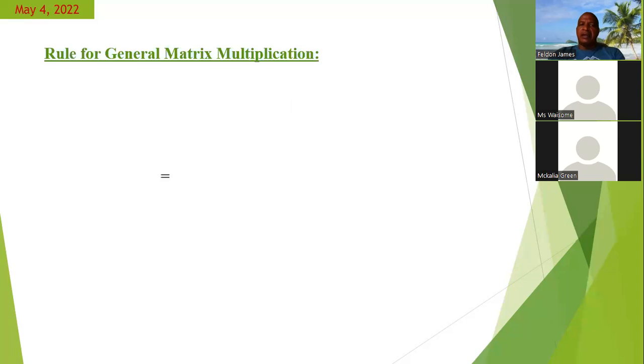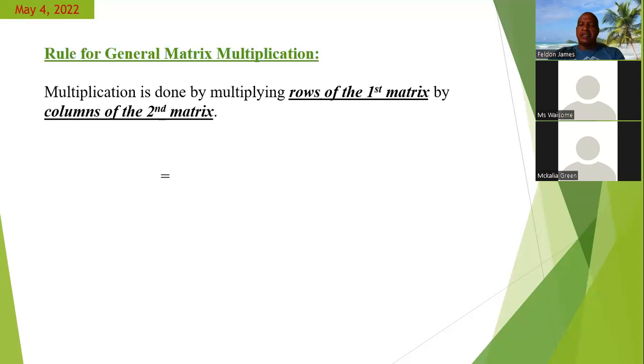All right, now the rules when we're multiplying matrices. When we are carrying out general matrix multiplication, we use the rows of the first matrix multiplying with the columns of the second matrix. Oftentimes students confuse the rule with the condition.